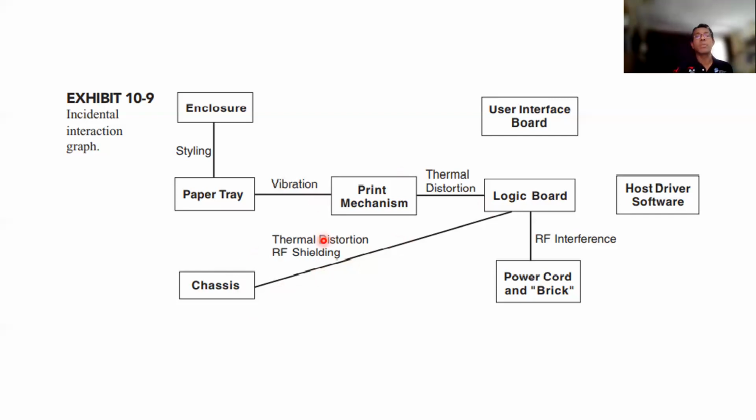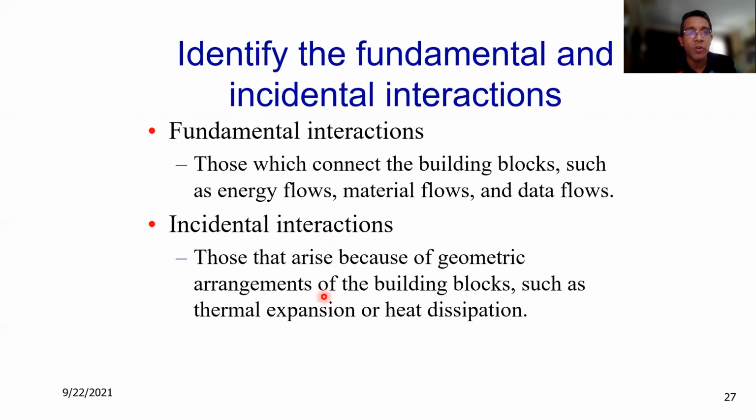So all these interactions you need to see. You need to draft or predict them. For the fundamental, you plan already, but for incidental interaction, maybe it has not happened, but it will happen. If it happens, what you should do, you should react, in terms of the design process.